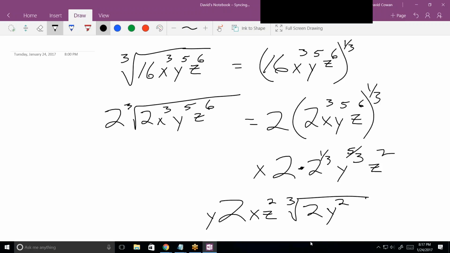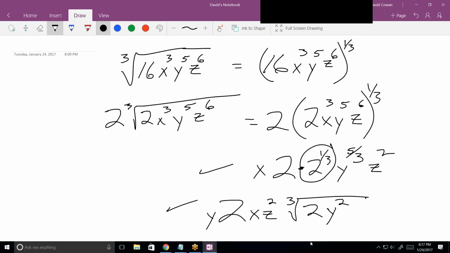Do you see how I got from there to there? I know I explained it a little confusingly, but we still have 2 to the 1/3 because we've got the cube root of 2. And this is y to the 2/3.